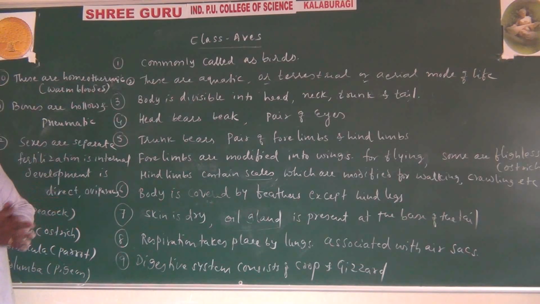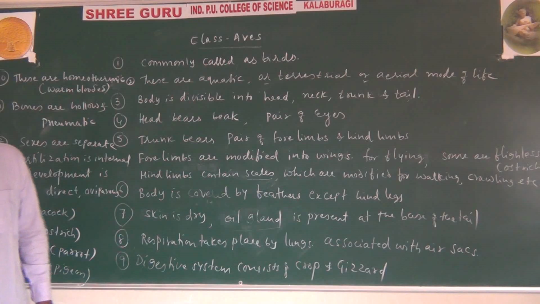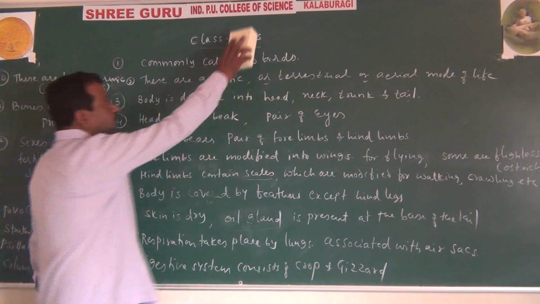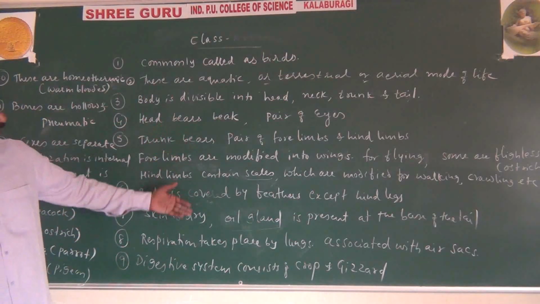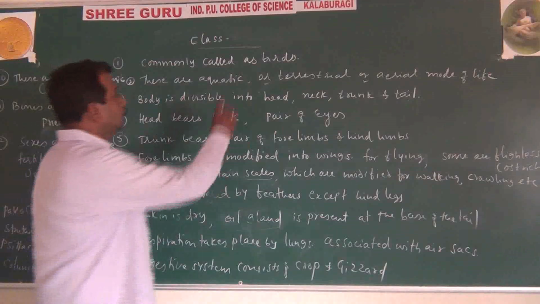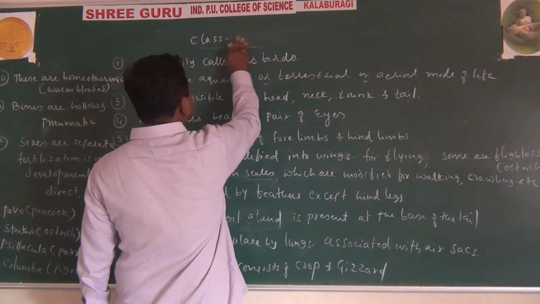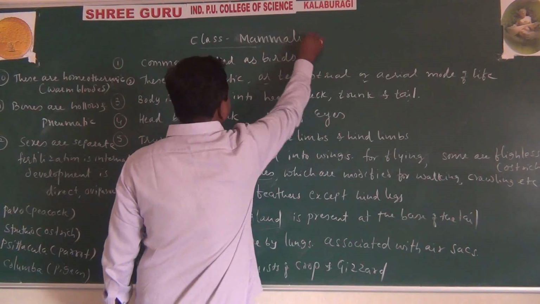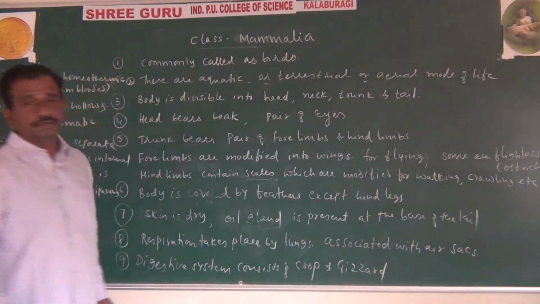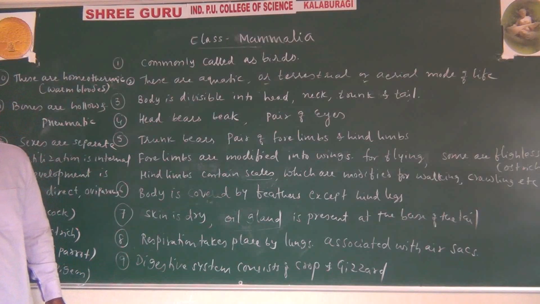Lastly, we are moving toward the last one, that is class Mammalia. Either six to seven characters you can easily write. Class Mammalia.